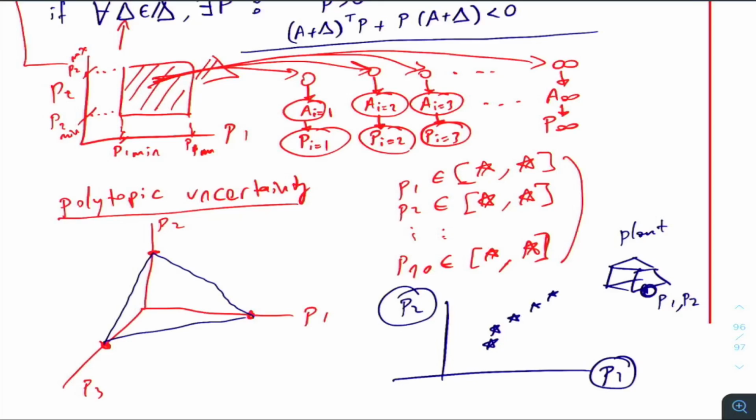If you see something like this, that will mean there's some type of correlation between them. For example, as P1 increases, so does P2. And in that case, you shouldn't say P1 takes minimum and maximum values and P2 takes minimum and maximum values. You would do basically the polytopic uncertainty thing, and this is another way of looking at it.